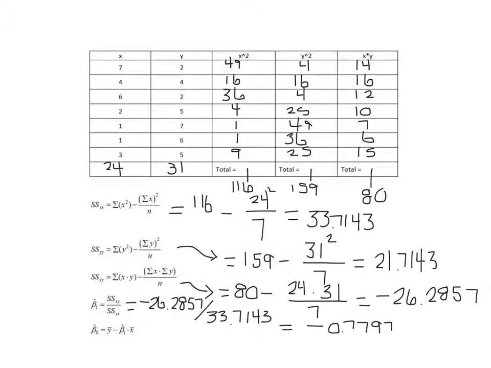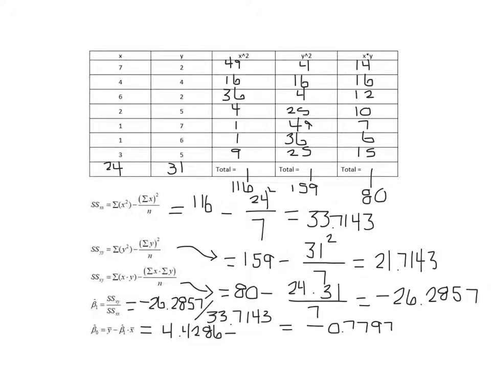To get our y-intercept, we're going to need to use this final formula, which is on your formula sheet. Both of these last two are. We're going to need to take the mean of our y's, which is 4.4286.